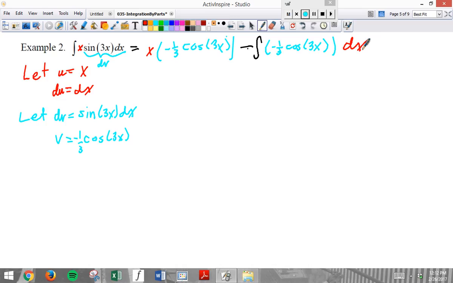Now I said du, but I wrote dx because du is dx. Ultraviolet voodoo. Okay? Now I'm going to simplify this a bit, clean it up.